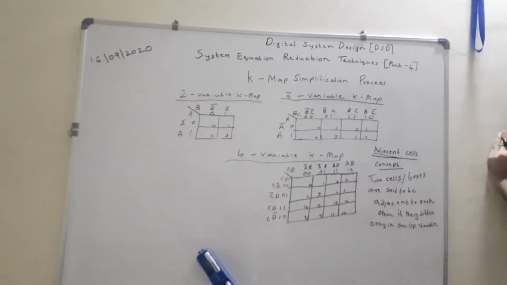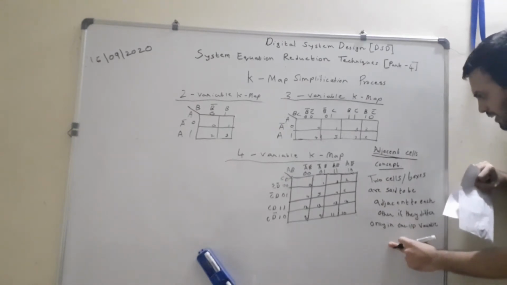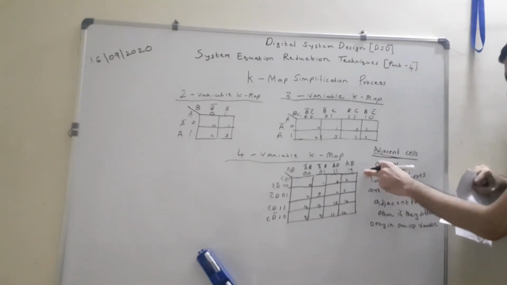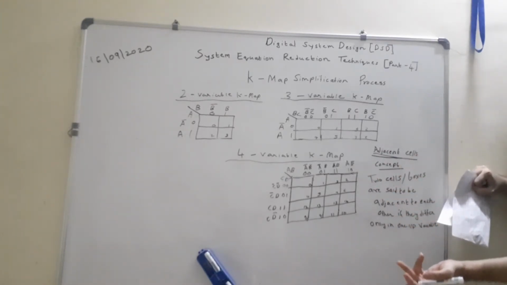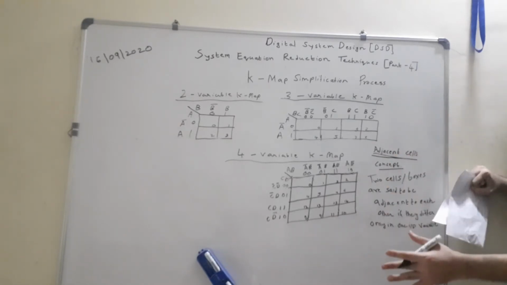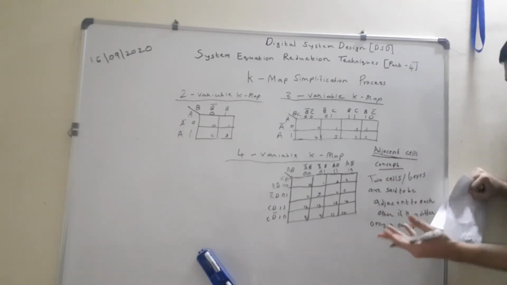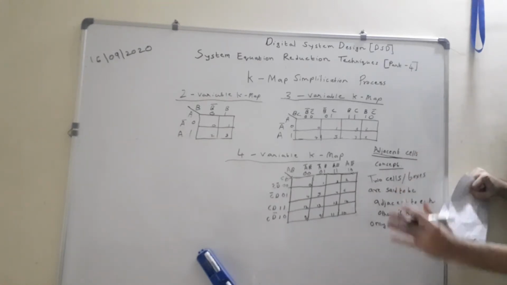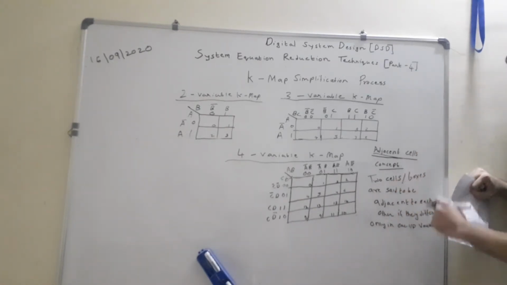Now understand this. The concept of adjacent cells is very important when we study K-map simplification, because if you understand adjacent cells, you will understand the next concept of grouping in a K-map, and only after this grouping process are we able to simplify or minimize a given expression. So what is an adjacent cell?